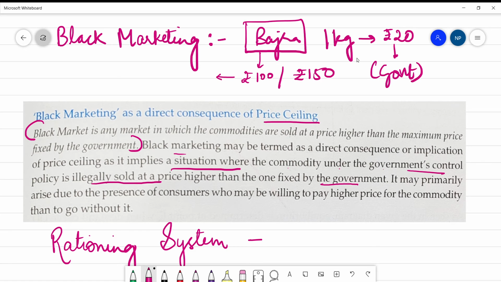Therefore the price becomes illegal, and it is known as black marketing, because of the higher rate the consumer is paying. It may primarily arise due to the presence of consumers who may be willing to pay a higher price for the commodity than to go without it.